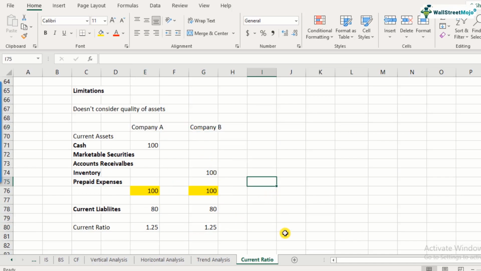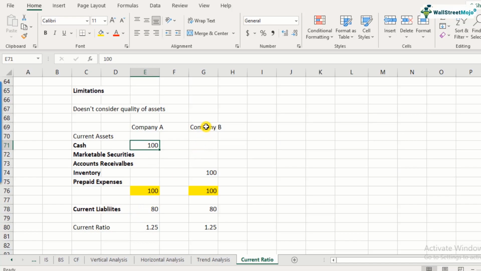Which company is better off when we talk about current ratios? The question is, which company is better off in terms of paying capability with respect to current liabilities? You have to pay off your current liabilities within a year, right? So when company A has all of it in cash, this is the right quality of asset when it comes to repaying capabilities.